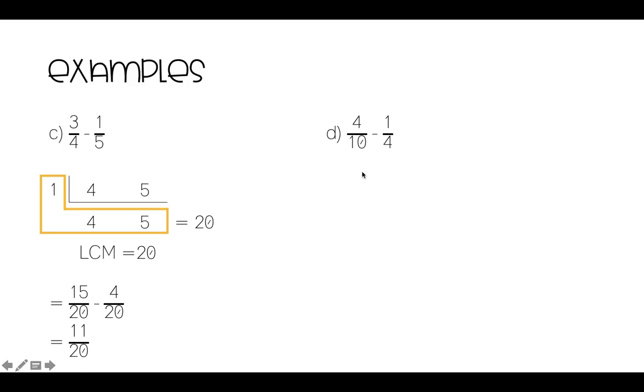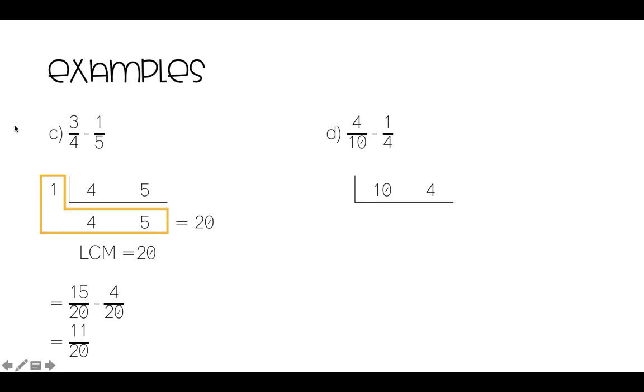And now I want you to pause this, do this next question, part D, and then come back and we'll do it all together. Fantastic. So hopefully you've got the same answer as we're going to get now, but let's go, our 4 and our 10. And we're looking for a factor that goes into both. Now always try to find a factor greater than 1.